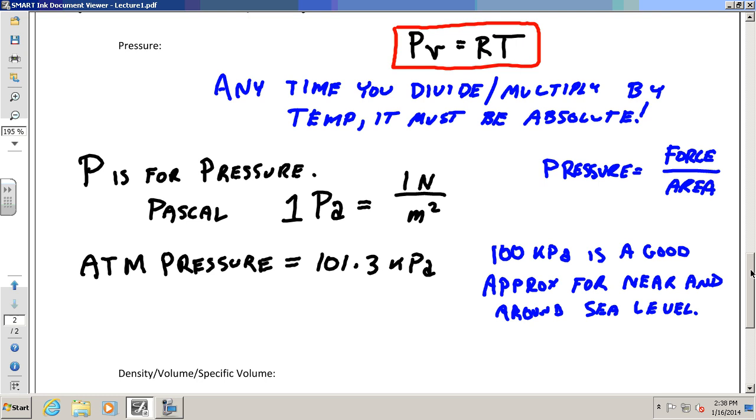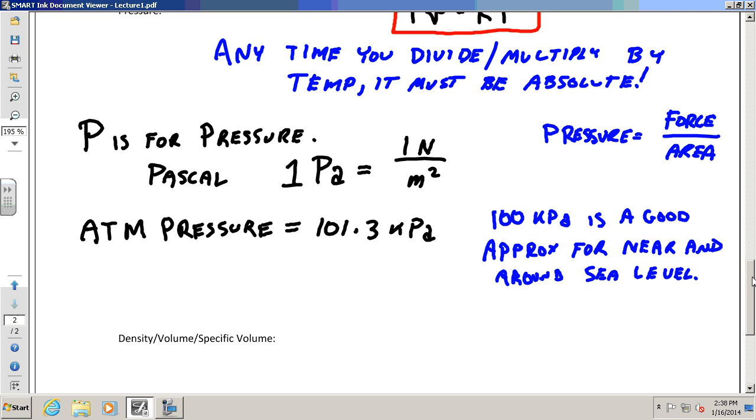But in most cases in this class, when we deal with atmospheric pressure, you can do 101.3 kPa, or you can just do straight up 100 kPa. You're fine. I'm never going to take off because you threw 100 kPa on there as an assumption. I'm going to assume 100 kPa is good, because quite honestly, the pressure right here is probably right about 100 kPa.